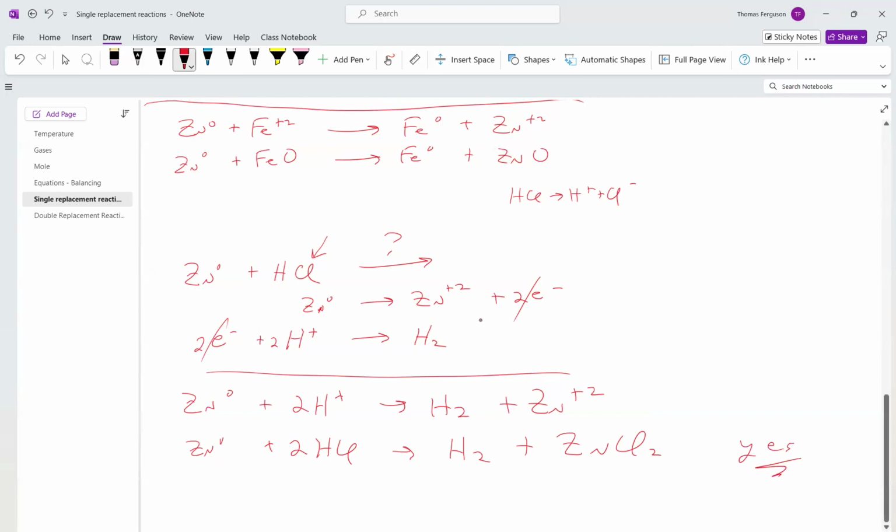Frequently, I'll also ask you to identify the spectator ion. So just keep an eye on what's the spectator ion here. And notice there are no spectator ions on the activity chart. So anything not on the activity chart is going to be a spectator ion.